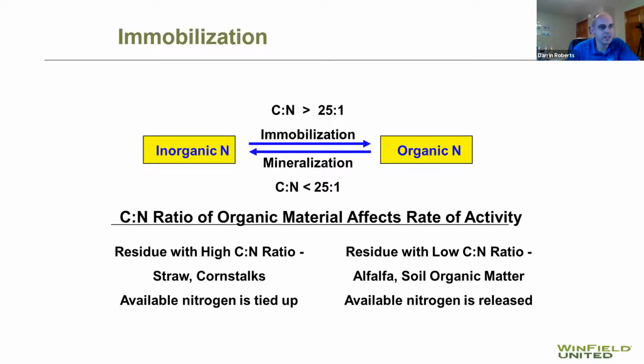They tie it up, so it's not available for crop uptake. And then as they break down that residue, and as some of those microbes start to die off, they release that nitrogen so it's available for crop uptake again. So that's what's driving immobilization: when we have a high C to N ratio, that moves it towards immobilizing the nitrogen. Once it drops below that 25 to 1, then the nitrogen becomes available for the crop.